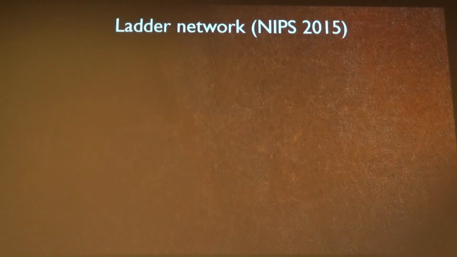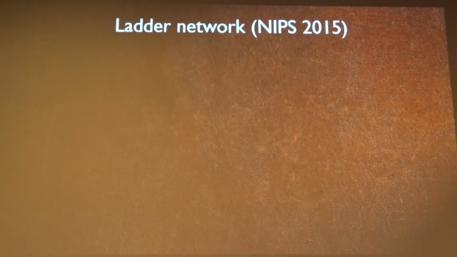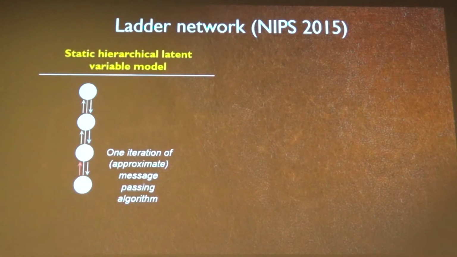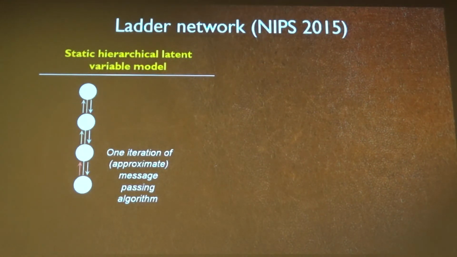So, as I said, I think I'm known by deep learning people as the ladder network guy, because I gave a talk in NIPS 2015 about this stuff. My thinking behind it is that actually I have some kind of static hierarchical latent variable model, and then I'm thinking about all the message passing and inference that you do in that. And then look at just the first pass, the bottom-up and top-down pass of message passing, and see what is the computational structure of that.